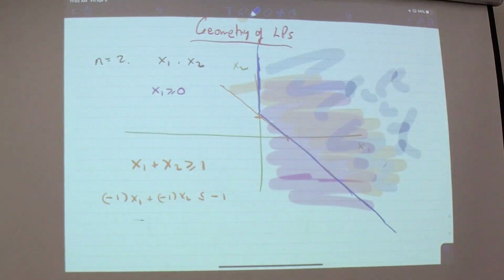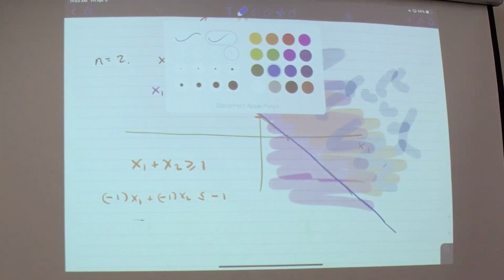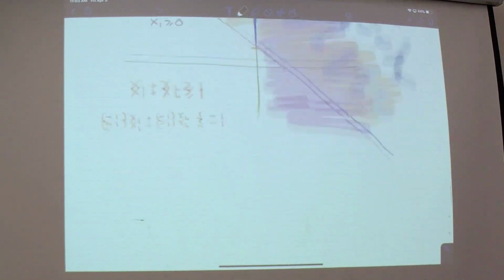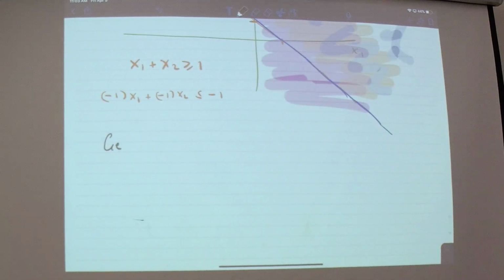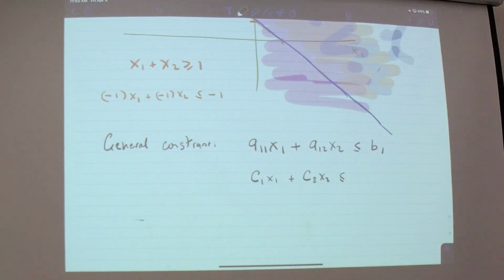But if we think about this, this makes perfect sense. Why? If we think of a general constraint, and we'll write it just for this case, A1,1 x1 plus A1,2 x2 is less than or equal to b1, which would be one row of that matrix operation. This is basically some constant times x1 plus some other constant times x2 less than or equal to some third constant.